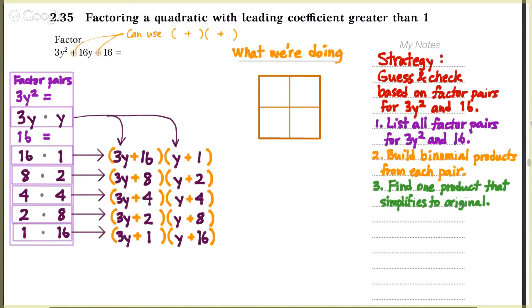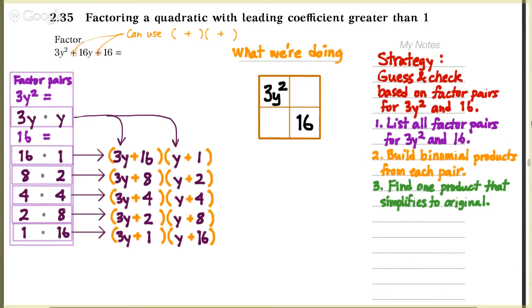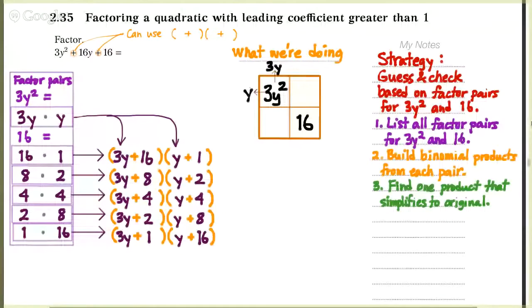If we're using our little table to keep track of multiplying polynomials together, we know what we want inside of those 2 boxes. We know that we want a 3y squared, and we know that we want a 16. There's only one way to get 3y squared out of our product of 2 lower degree polynomials: a 3y times a y. But the 16 has a lot of different ways to be factored.